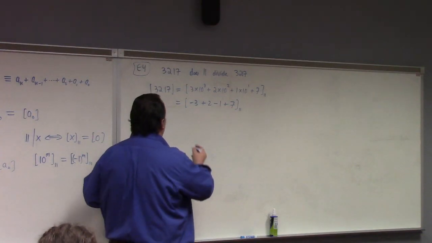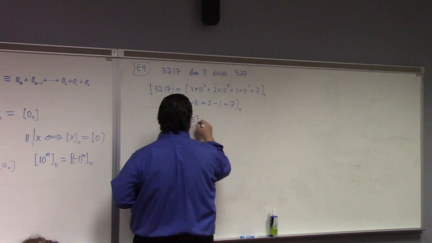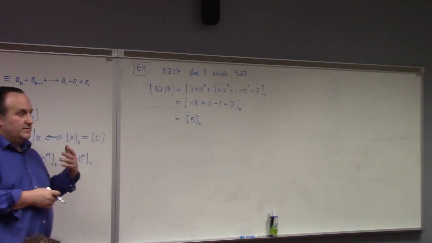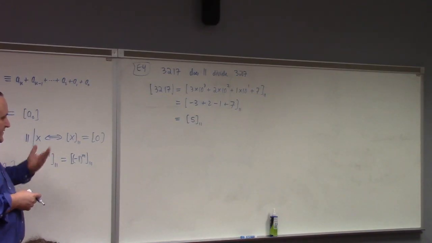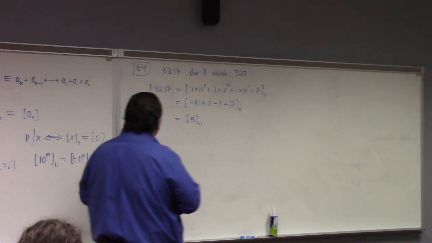I think we got a 5, right? Which means that, no, 3,217 is not divisible by 11, right? All right.